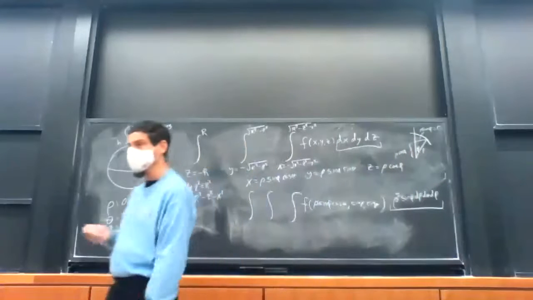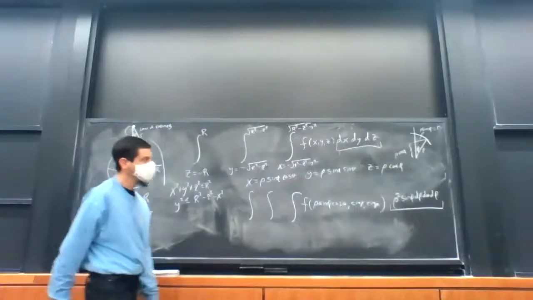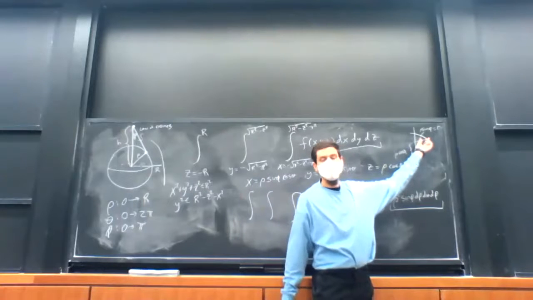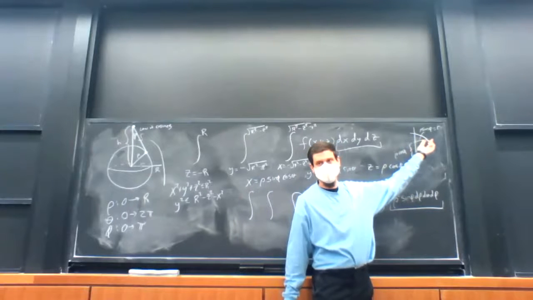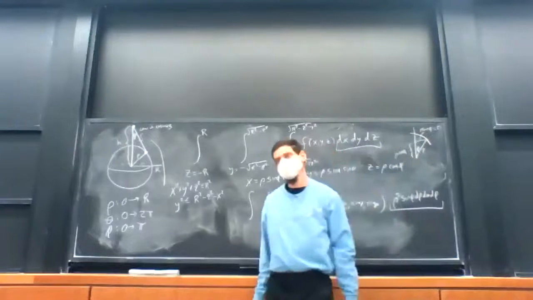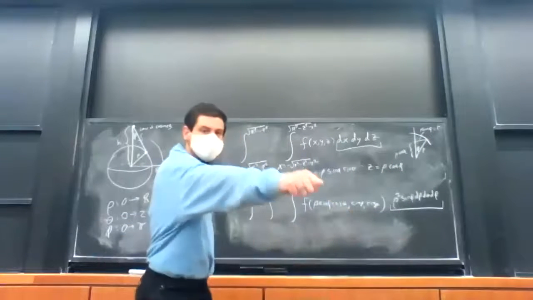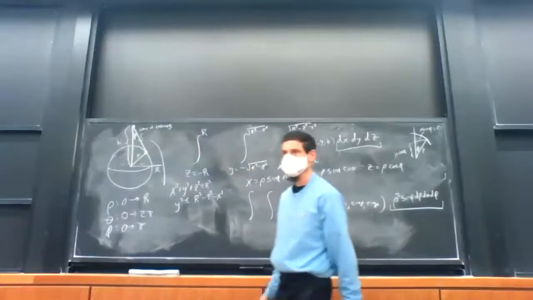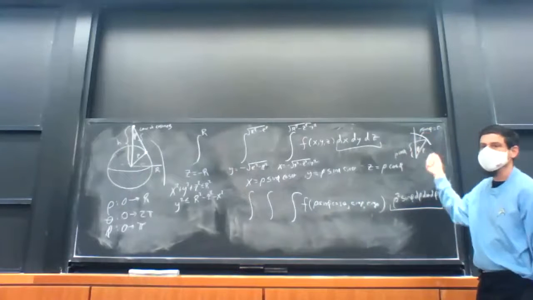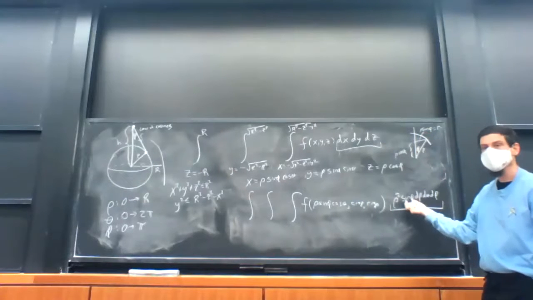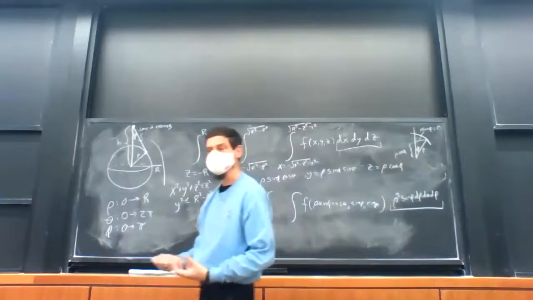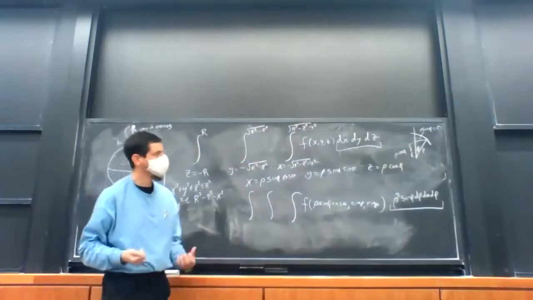Now, the sine of phi is much harder. The best way to see where the sine of phi comes from is we're using polar coordinates, and the radius is effectively reduced. It's not rho, it's rho sine phi, because now we're going in your circle above the xy plane. This is not a proof, but this shows you why it's reasonable that we have a sine of phi coming in, because when we go to do polar coordinates, we're not using rho as the radius, we're using r equals rho sine phi.